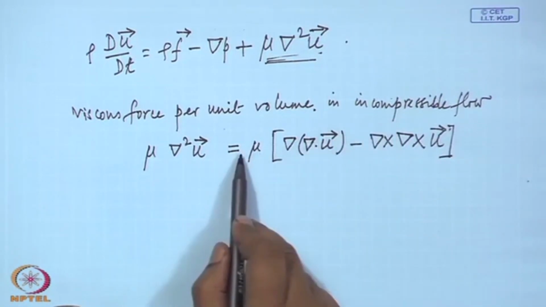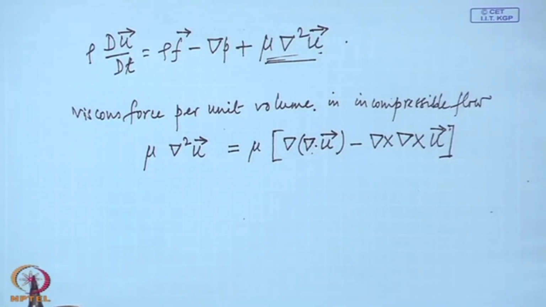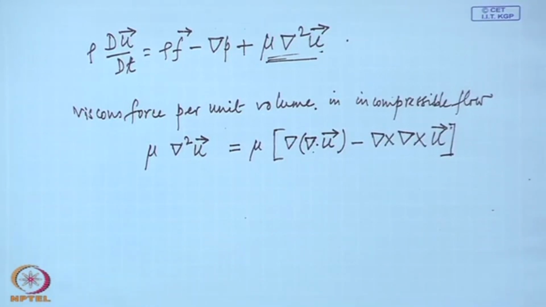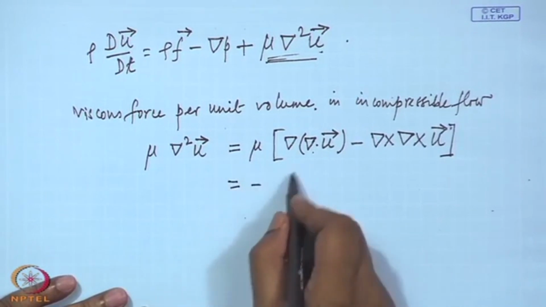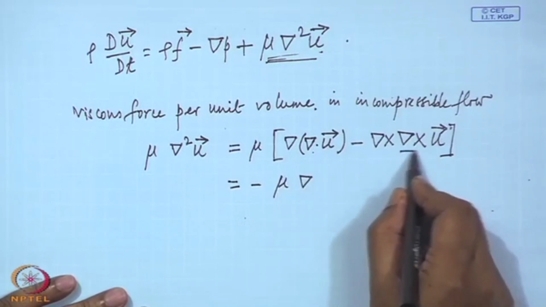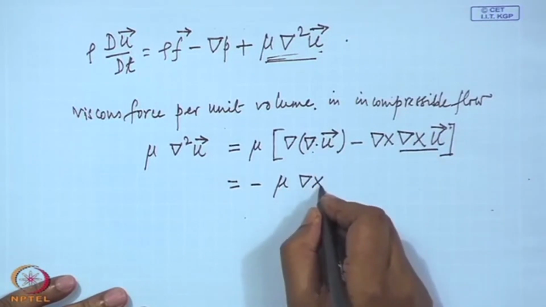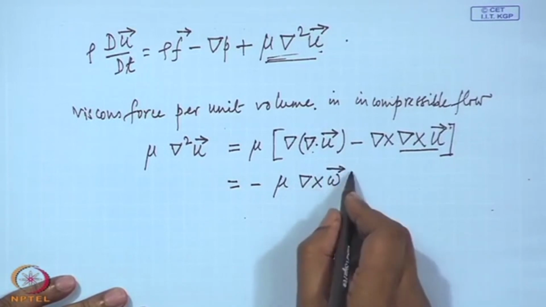Now, since we are dealing with incompressible flow, the first term is 0 because divergence of u is 0 for incompressible flow. So, this becomes minus mu curl of, this curl of u is omega, the vorticity.